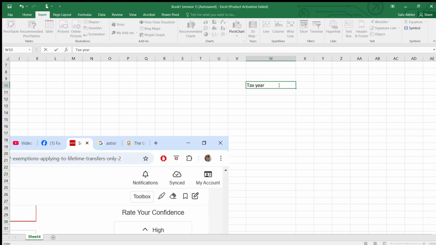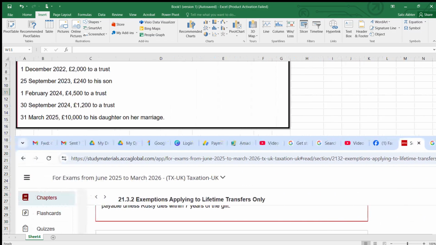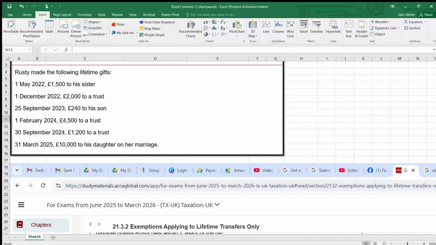There are 3 tax years, starting with 2022-23. Then you have to write to whom you are gifting. It's very important. So the first one is a gift to a sister.